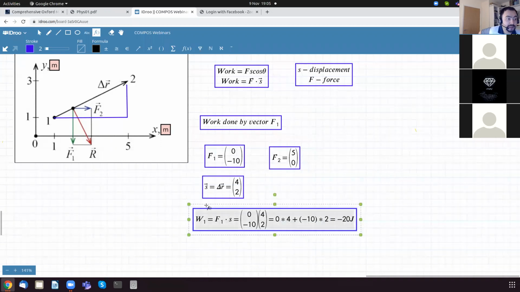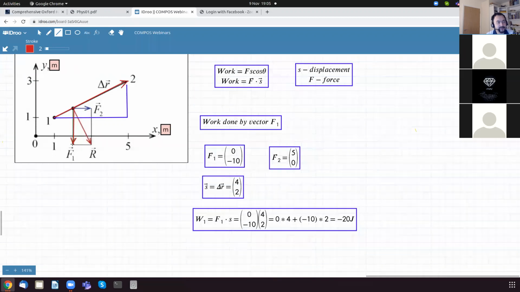The work is negative. What does it mean that work is negative? An object is moving along this vector. This is the movement of the object. And the force is applied here at this angle.